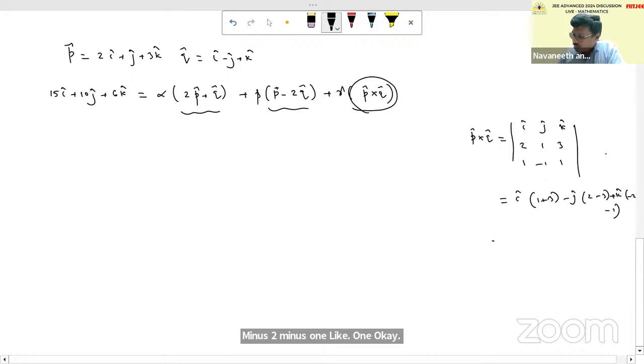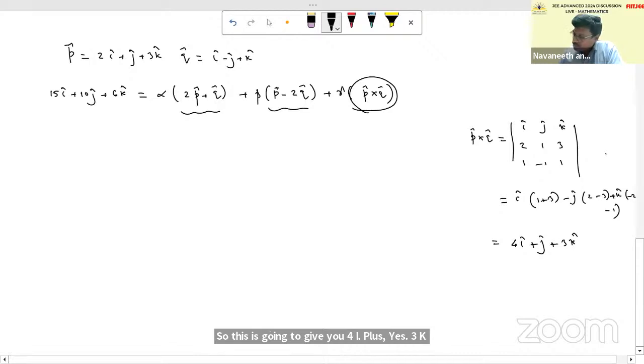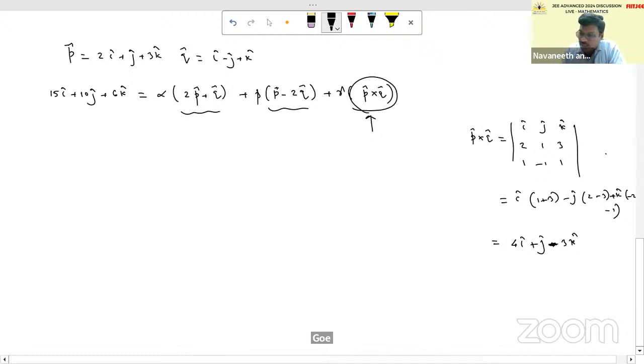So this is going to give you 4i plus j minus 3k. Minus 3k is going to come here. So if I substitute P, Q and P cross Q here, the corresponding i, j, and k coefficients will be equated, because two vectors are equal when their corresponding coefficients are equal.